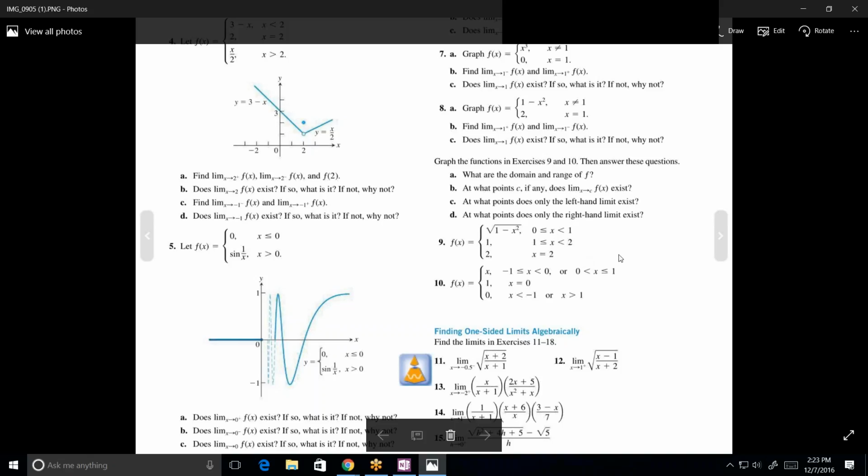There's nothing that prevents x from being between 0 and 1. There's nothing that prevents x from being between 1 and 2. It would violate the top part, but when x is between 1 and 2, f of x is equal to 1. So that's fine. And when x is exactly equal to 2, f of x is equal to 2.